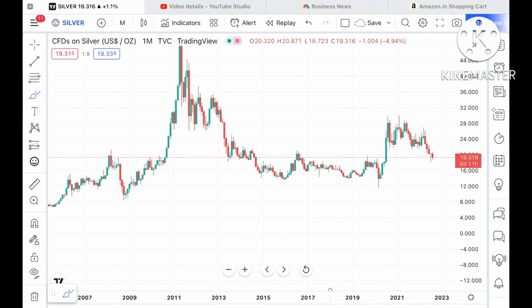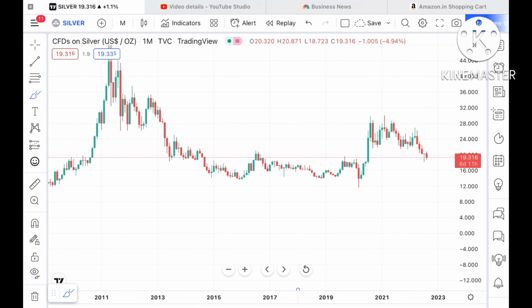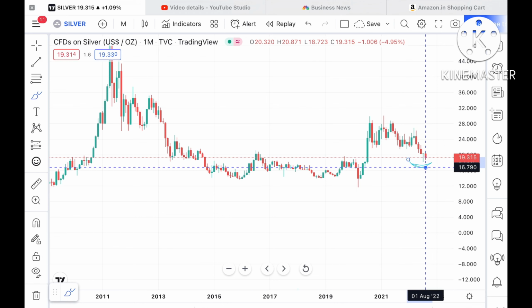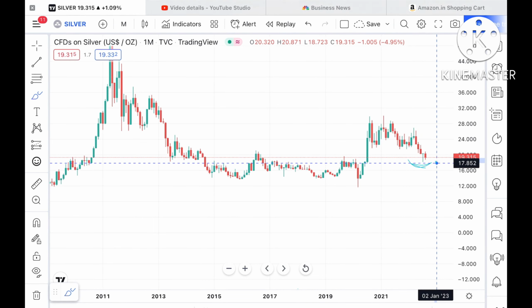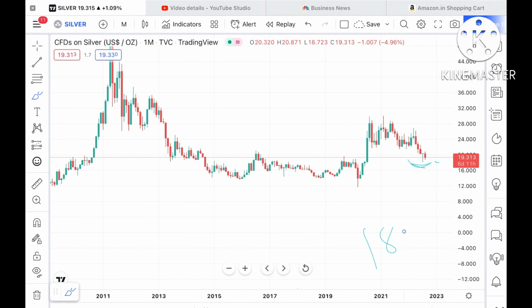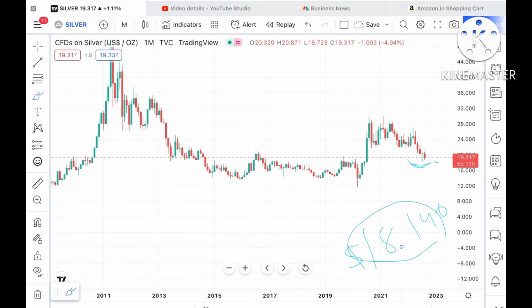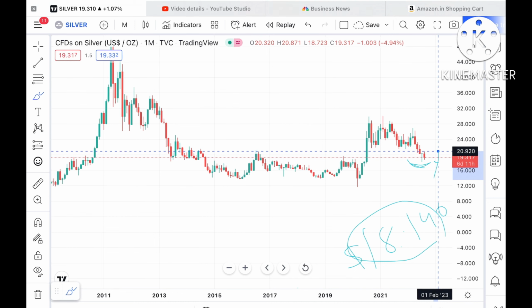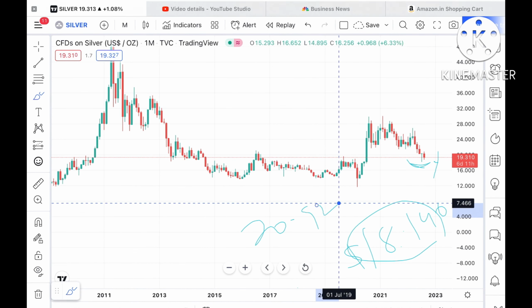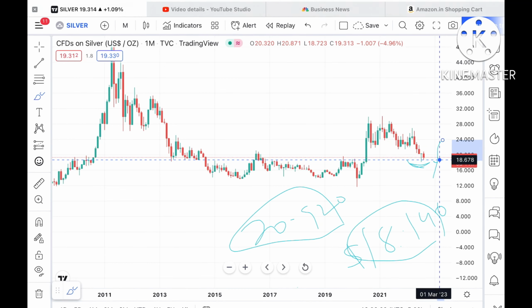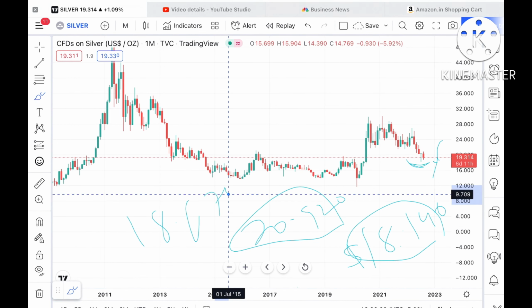So now let's look at the rest of 2022. If we look at this chart on a monthly basis, the monthly chart says there is a probability, because this particular swing has created a support at $18.140, and it is trying to go upside. It has already made a high of around 20.920, and this candle is standing with the support of $18.678.